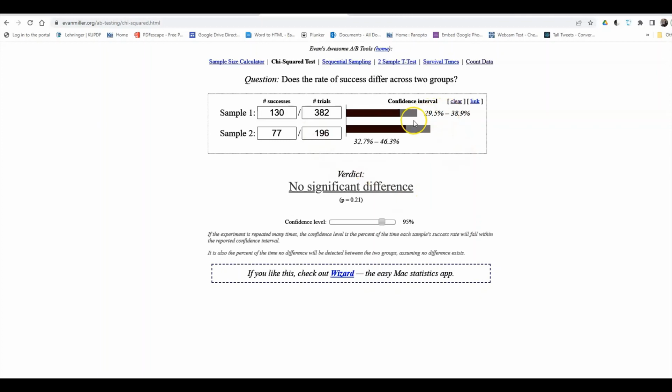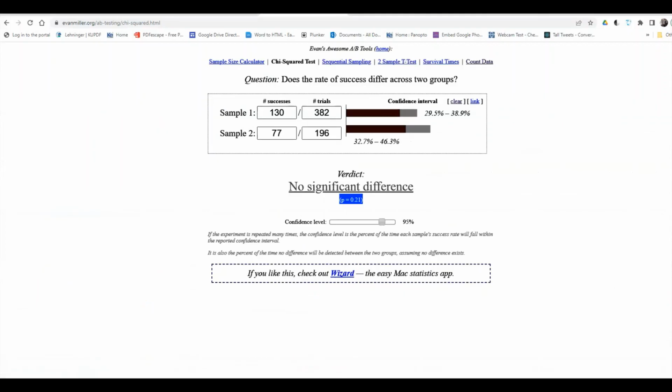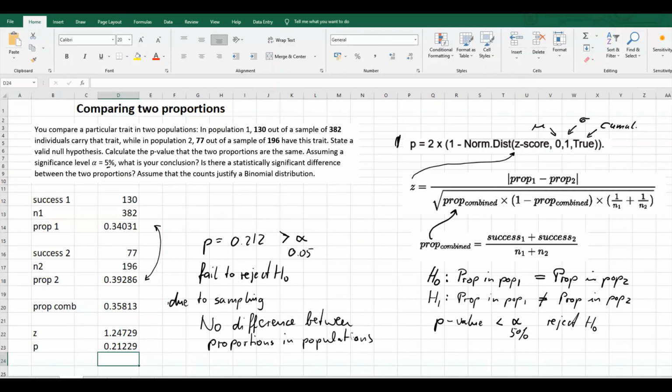We get the confidence intervals here for the proportions, and we also get a p-value, and here it calculates p-value equals 0.21, and if you compare that to the p-value that we calculated, we got 0.21 as well, so that very nicely tallies. And we also get the message that there is no significant difference between the proportions of these two populations.